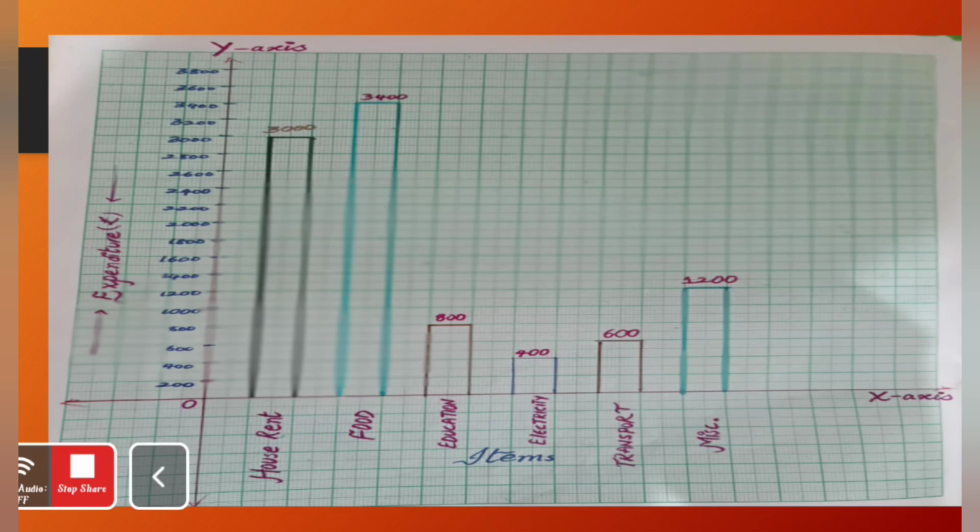Next step is drawing the bars of the given frequency. House rent was given as 3000, so a bar of length 3000 is drawn against house rent, and food was given as 3400, so a 3400 length bar is drawn against food. Education was given as 800, electricity 400, transportation 600, and miscellaneous 1200.